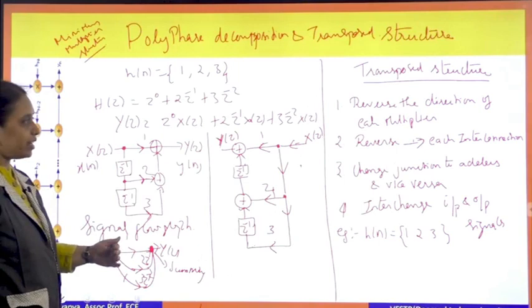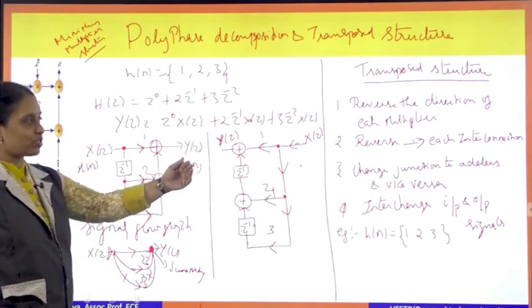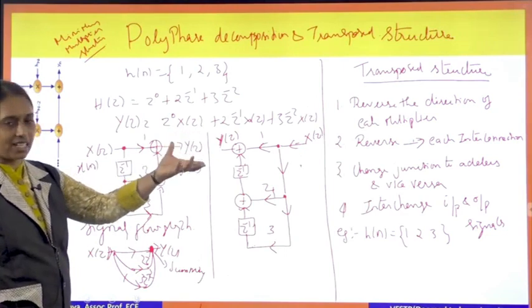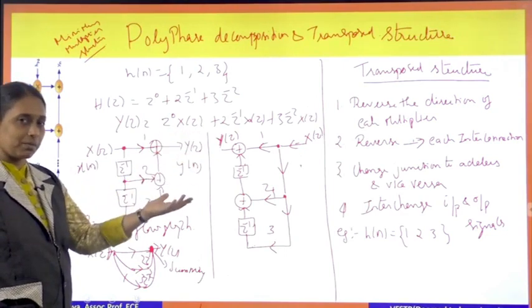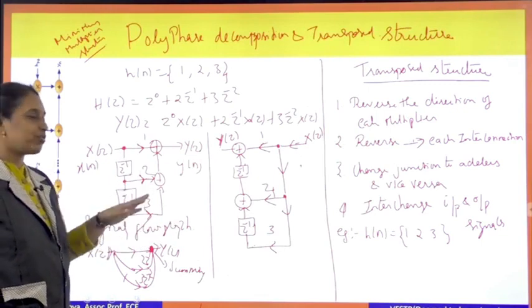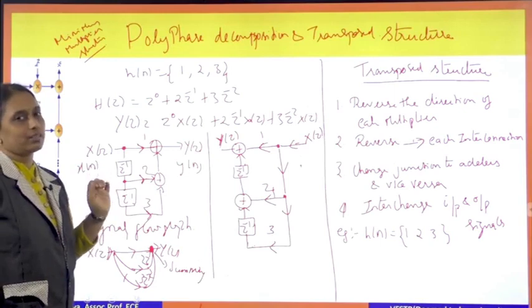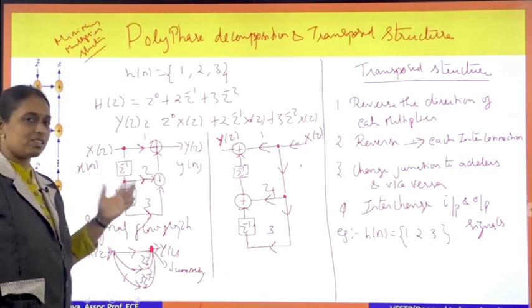Once again I will repeat, we have seen transpose structure as well as signal flow graph. For the transposed structure, we have to reverse the interconnection as well as the multiplier, we have to reverse the input and output, and also we have to change the branch into a node, that is junction into an adder and adder into a junction.